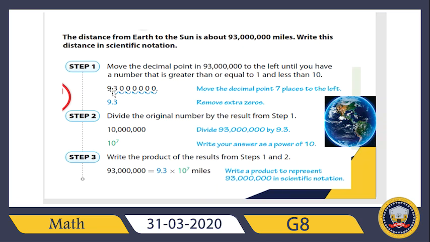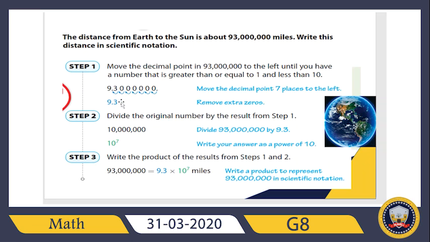I move the decimal point and count the steps, going inside the number until there is only one digit to the left side of this decimal point. Then I start counting the steps which I move. 1 2 3 4 5 6 7. So 7 steps. So now my new number is 9.3.